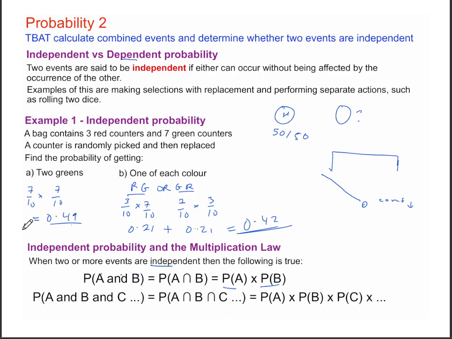As you can see, these two examples are exactly that. These events are independent to one another. The picking of a green and then picking of a green again, they are independent because of that replacement. Same thing if you have more than one event, where you'll just keep on multiplying them.